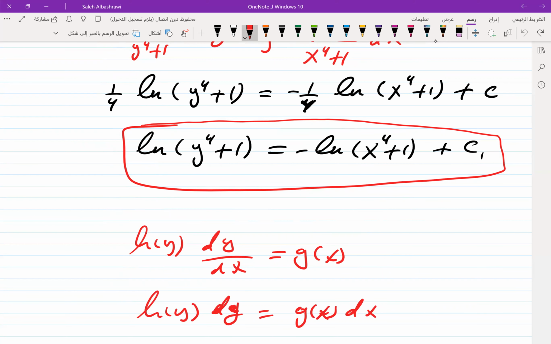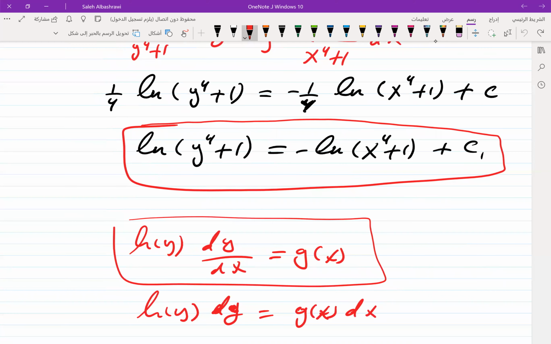You can see this equation can be written as an equation of two terms: h(y) dy/dx minus or plus d(x) equal to 0. I have only two terms. That's why we can separate the variables.